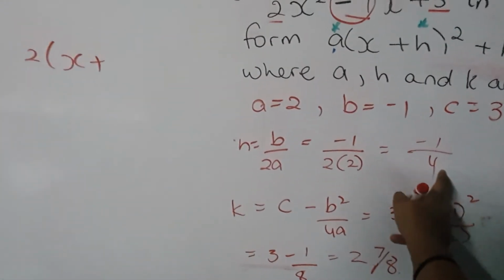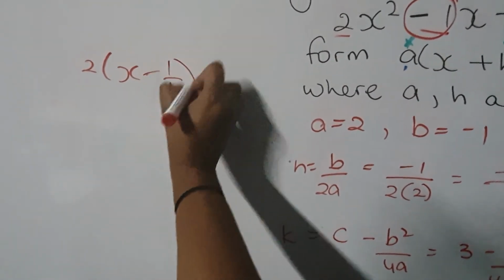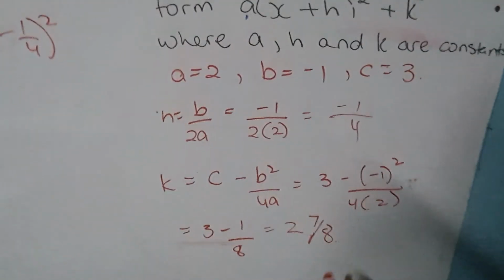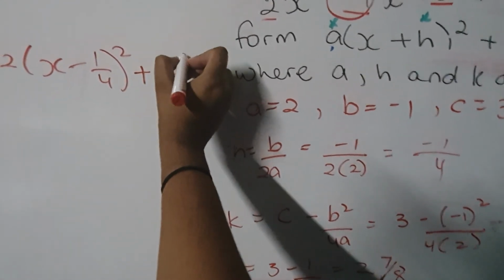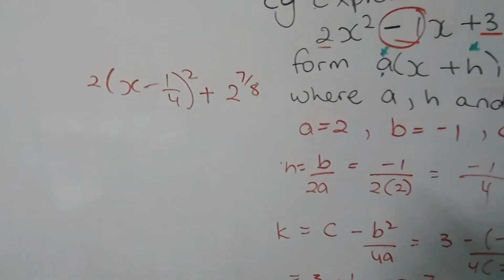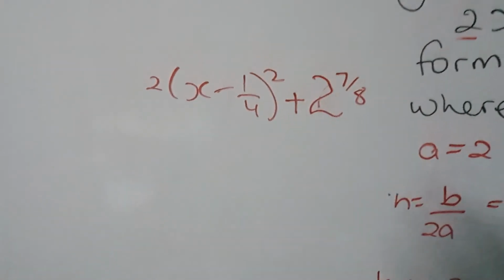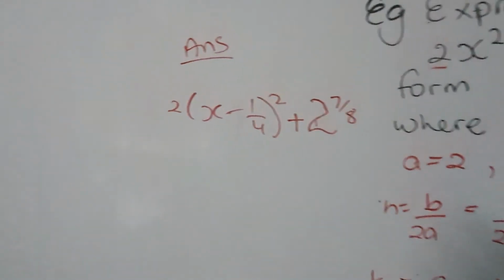Because it's -1/4, instead of a plus, we put take away 1/4 squared, and then our K value, which is positive 2 and 7 over 8. So this is our answer, and we're done.